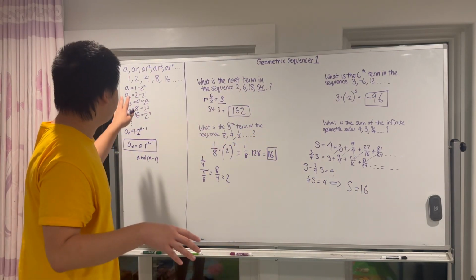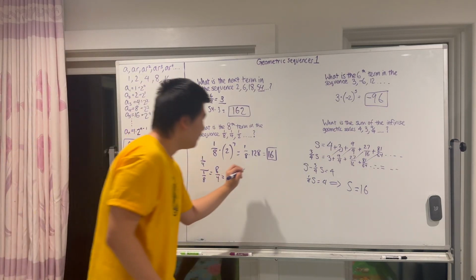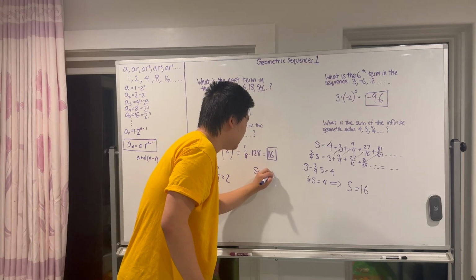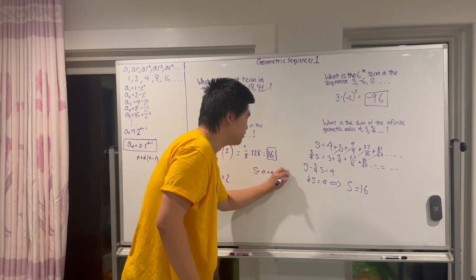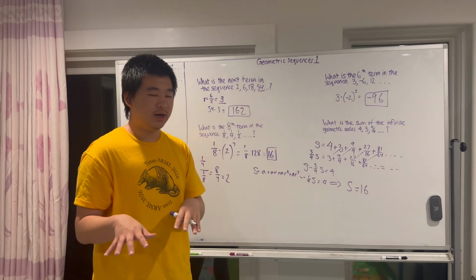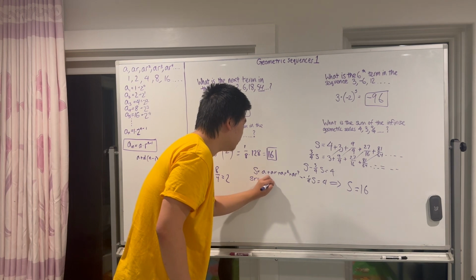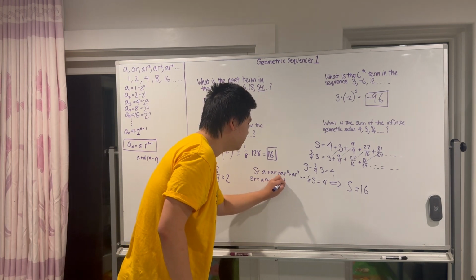If we were to translate this proof here, what we would find is that we are essentially stating S equals a plus ar plus ar squared plus ar cubed, and so on. And then we are multiplying both sides. So we have S times r equals ar plus ar squared plus ar cubed, and so on.